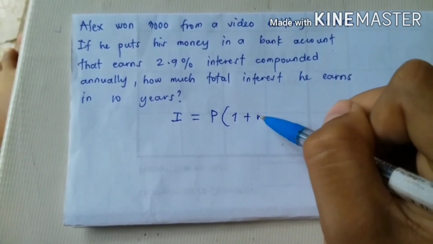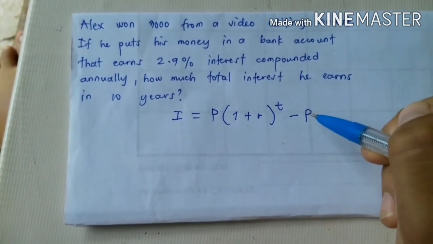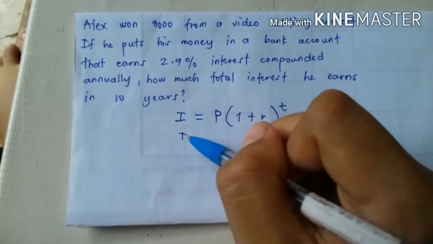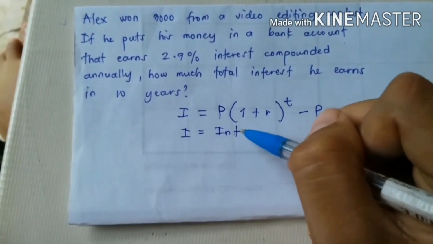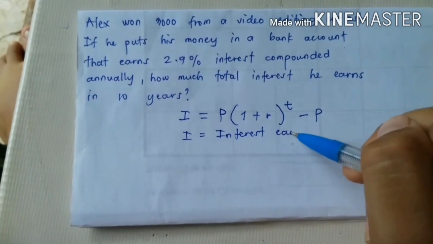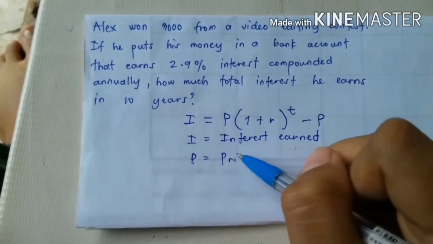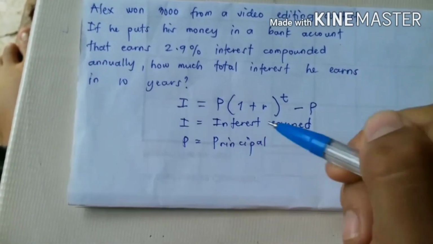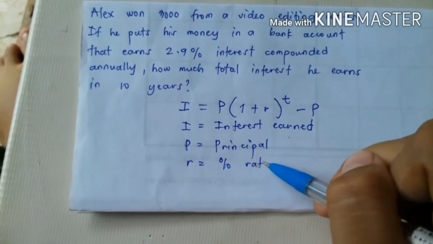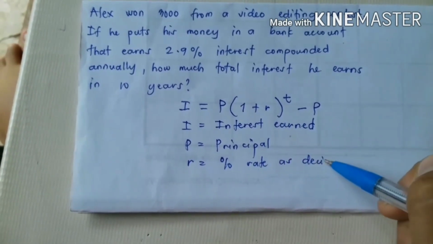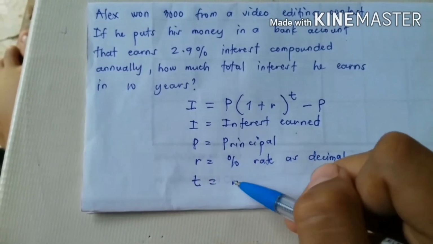Formula: I equals P times (1 plus R) raised to the power of T, minus P, where I is equal to interest earned, P is equal to principal, R is equal to percent rate as decimal, T is equal to number of years.